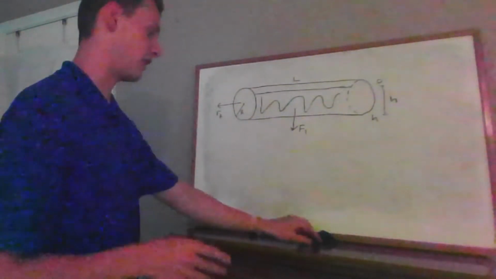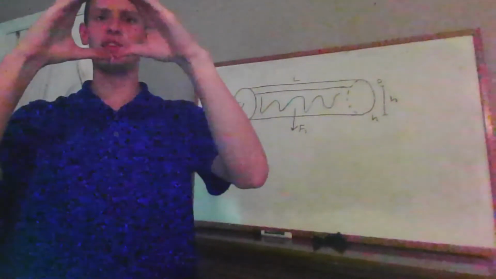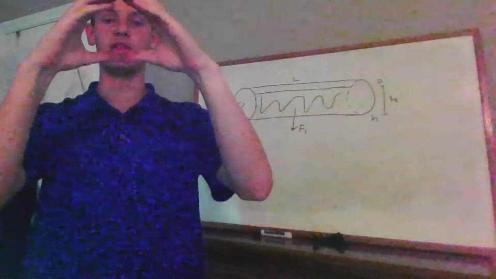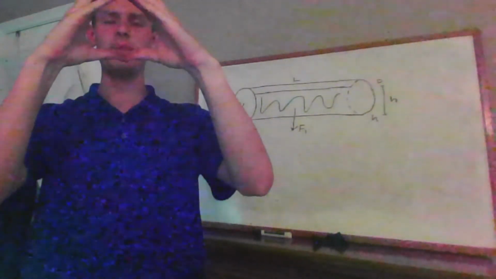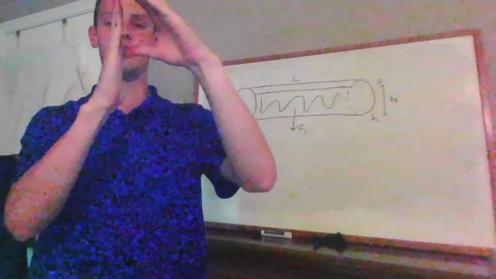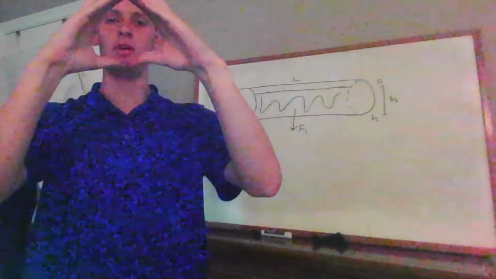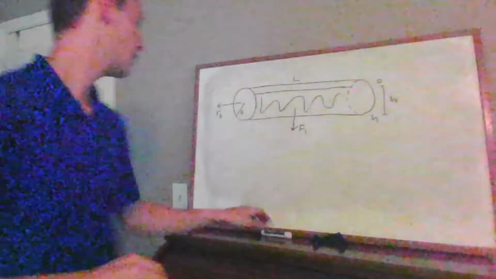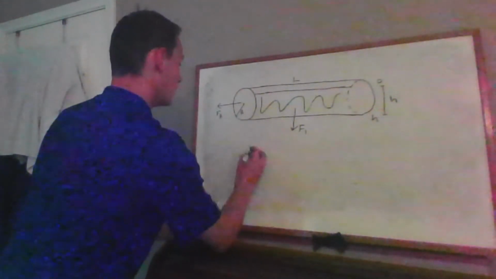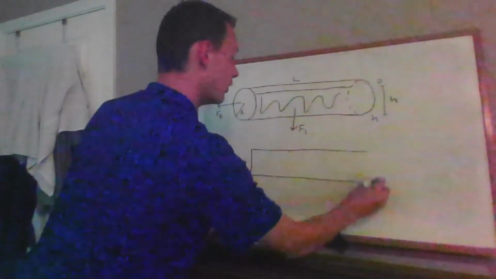And I'm going to demonstrate that with my hands. So basically I'm going to bring my hands together like this, and you want to pretend that you're looking down the cylindrical barrel. If we look at a rectangular plane down this way through the center of the cylindrical barrel, we get a nice rectangle, which has a height equivalent to the fluid level.